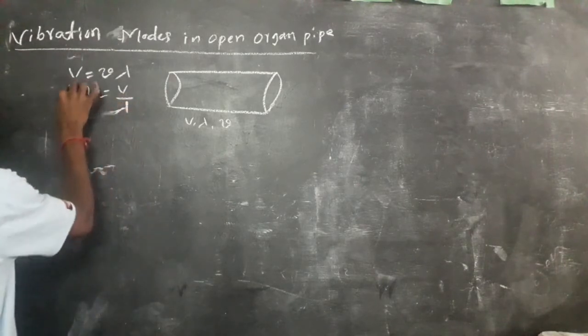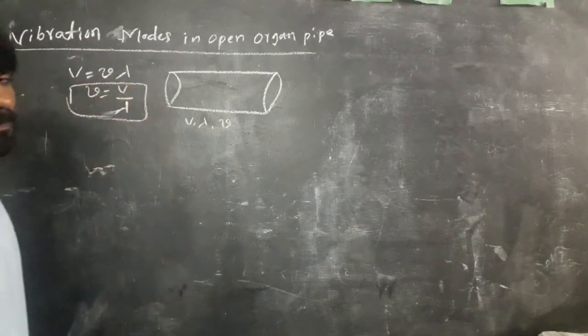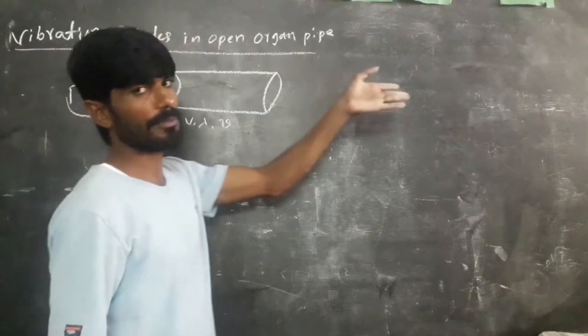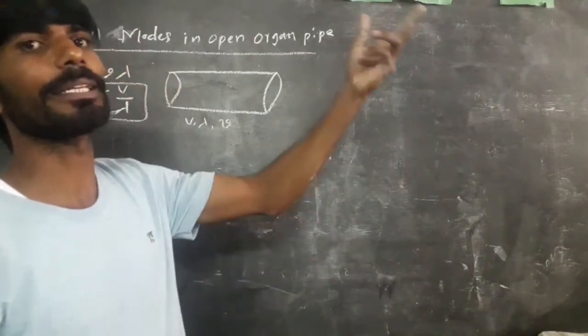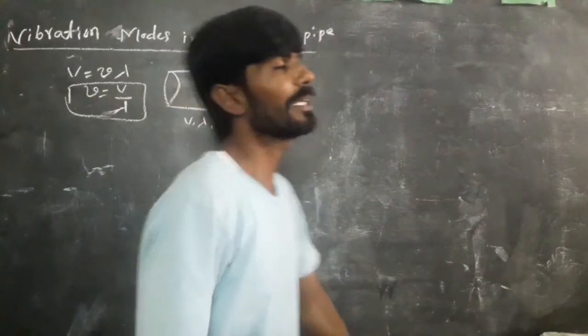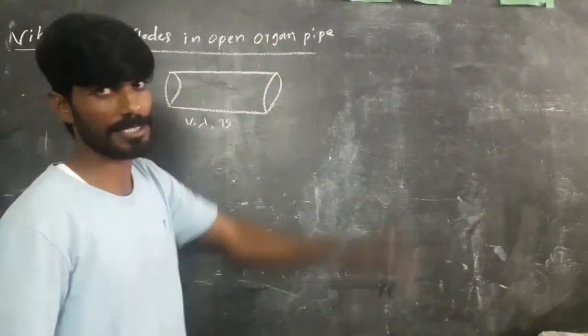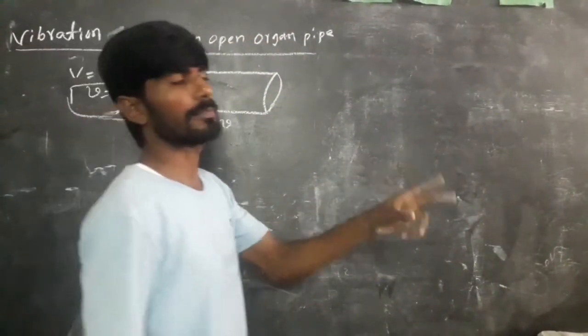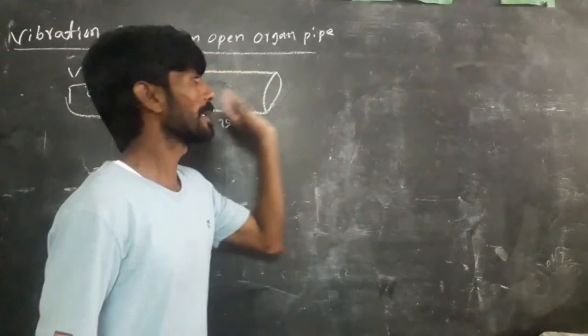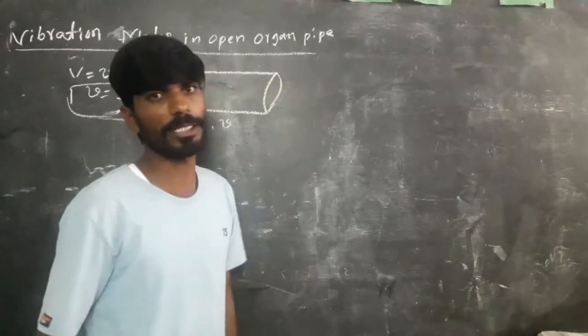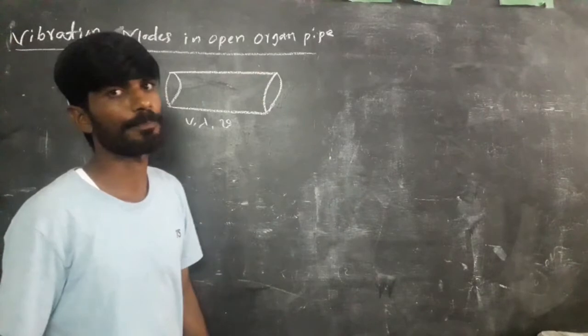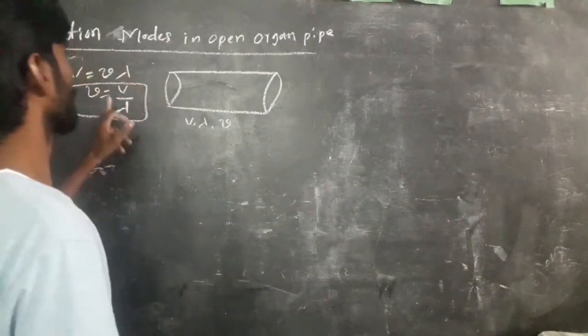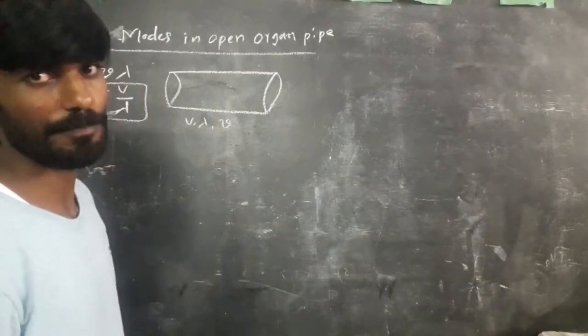In a stretched string, v is equal to root of T by m, the linear density, because that is a solid substance. Here the open organ pipe contains gas. The sound is traveling through the air molecules in this organ pipe, so we can find the wave velocity easily.